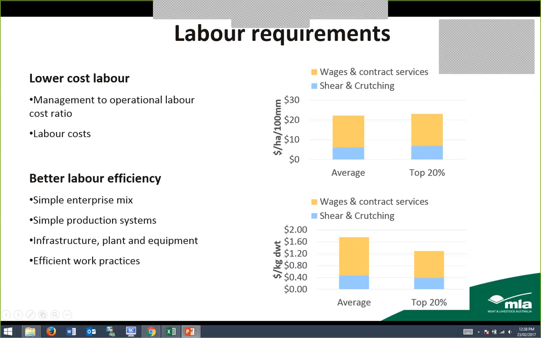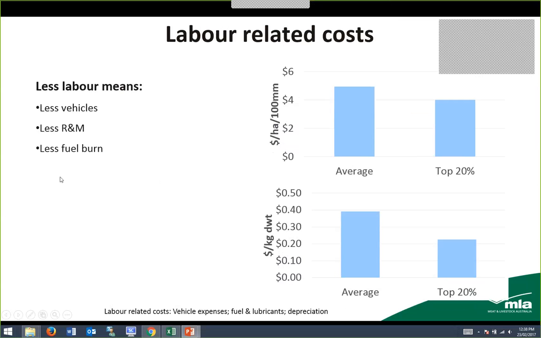Okay, so moving on to labour-related costs. Labour-related costs are those costs associated with labour units. And I think the point that I want to make about labour-related costs, which is vehicle expenses, fuel and lubricants and depreciation, is that as soon as you've got another man, you've got another vehicle or another two vehicles.